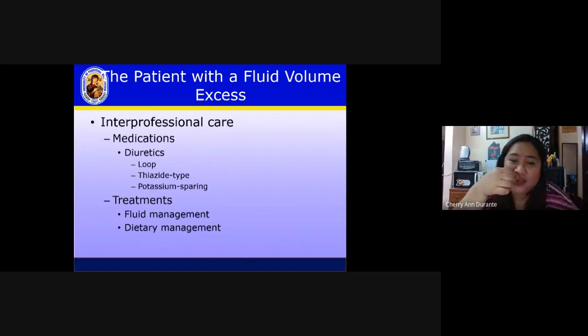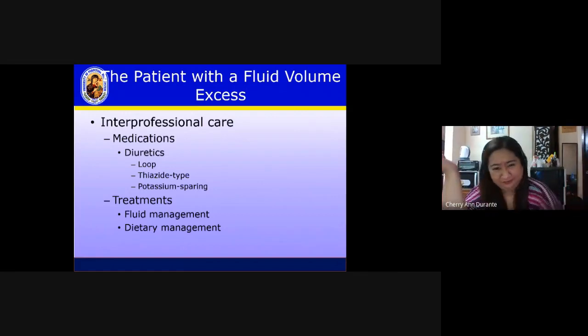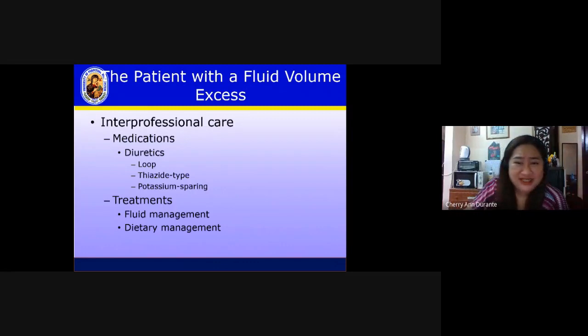So what you can do is to give your patient ice chips. So that's one thing that we do. So ice chips na lang para magkaroon siya ng laway. Kasi bawal nga siya ng fluids. Ang strict pa naman nito.